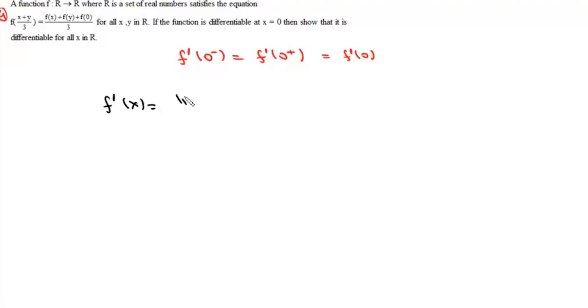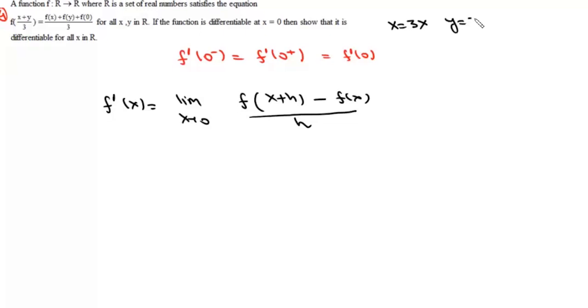Now f dash x will be this limit h tends to 0 of f(x plus h) minus f(x) upon h. Now in this equation, what we'll do is we'll take x as 3x and y as 3h.